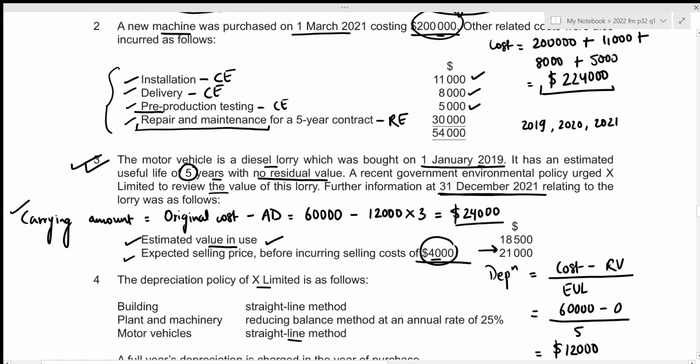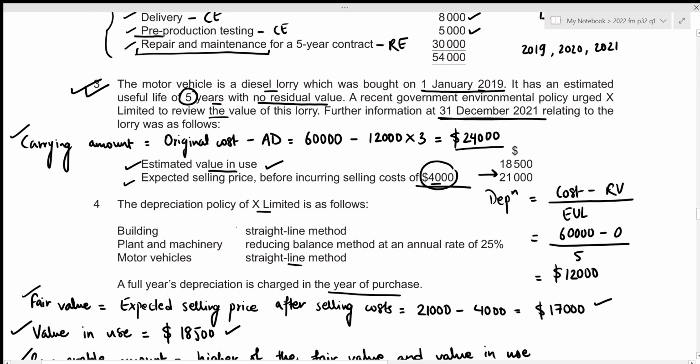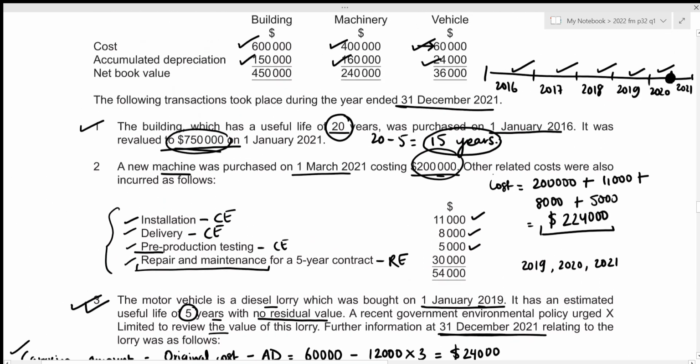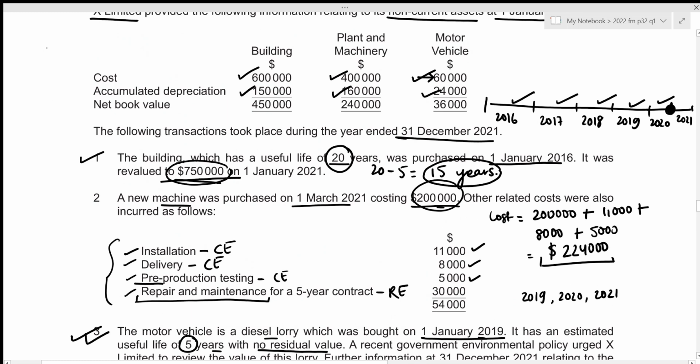And we are given that the basis for depreciation for building is straight line method, which means that we will be utilizing the same formula of cost minus residual value divided by estimated useful life. Again, we are not given any sort of residual value for building, which means that we consider it to be 0. So the depreciation charge is just going to be the cost, which is the revalued amount of 750,000. We don't have any residual value, so that's going to be 0.